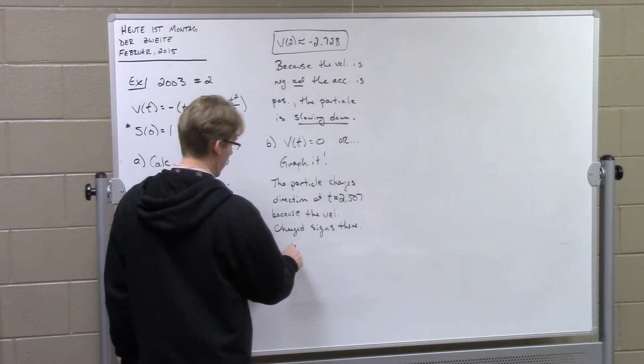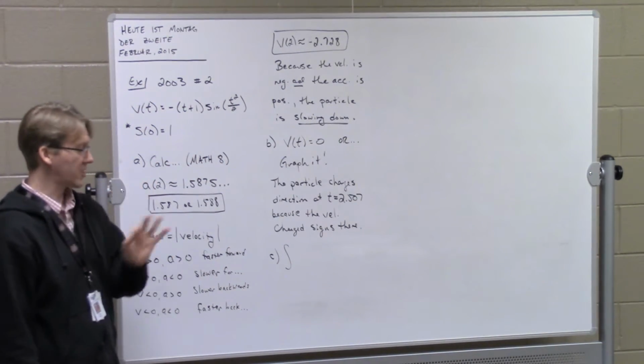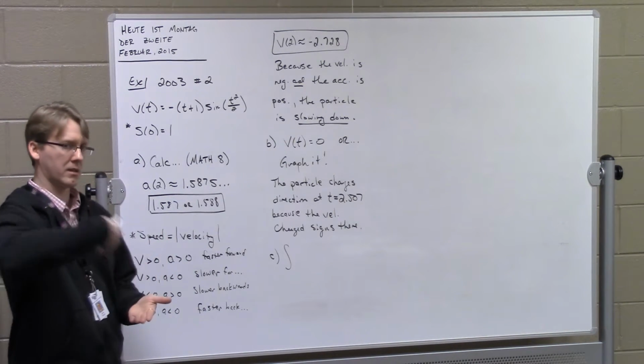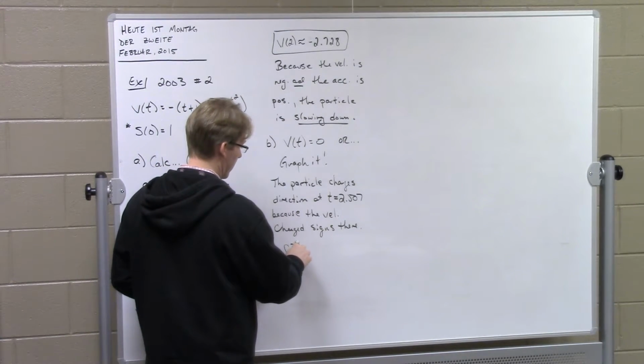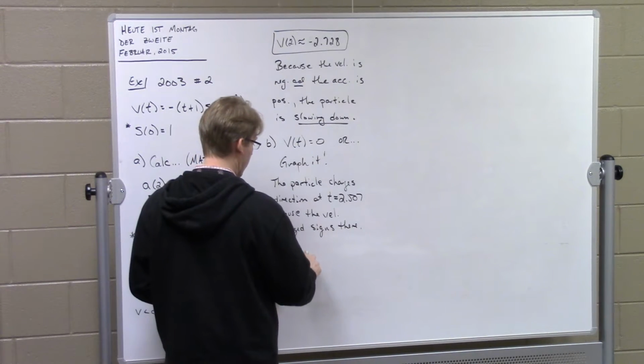We want total, that's positive. So we need to take an antiderivative. It's a position question, and we have velocity, so we're gonna work backwards from velocity to position. I am gonna go from 0 to 3. Is that what they wanted, 0 to 3? Yep. Okay. Total distance traveled is absolute value.